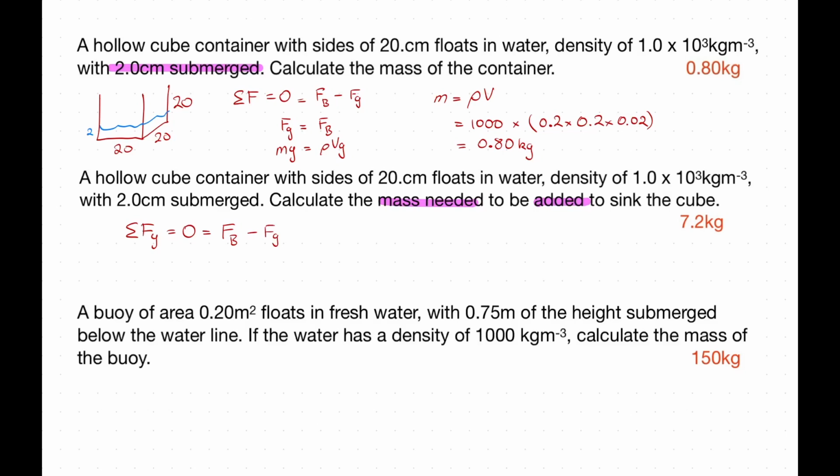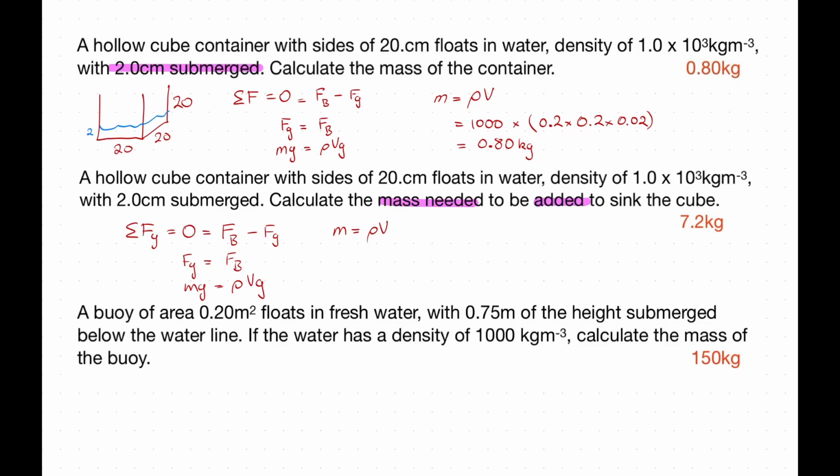We're again going to solve for our mass. So Fg is equal to Fb. Our mg is equal to rho vg. Gravity being the same for both of these situations, so our mass is then going to be equal to rho v.